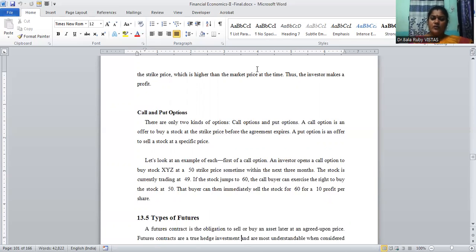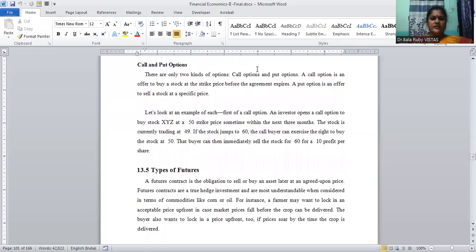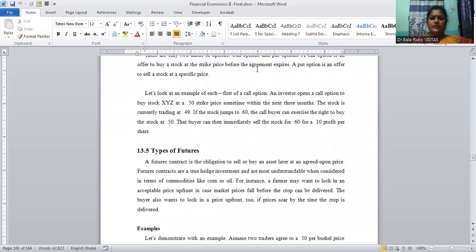An investor opens a call option to buy stock XYZ at a 50 strike price sometime within the next 3 months. The stock is currently trading at 49. If the stock jumps to 60, the call buyer can exercise the right to buy the stock at 50. That buyer can then immediately sell the stock for 60, for a 10 profit per share.